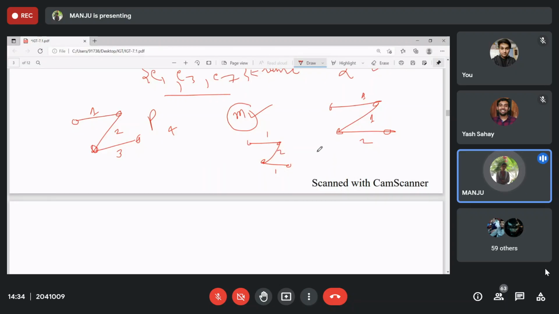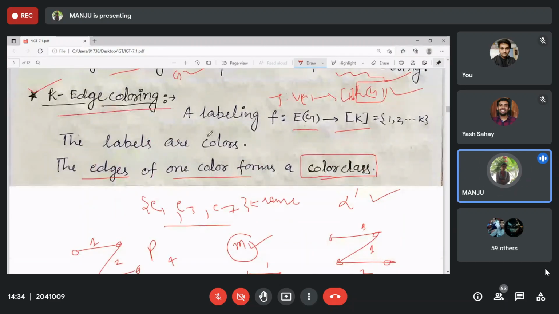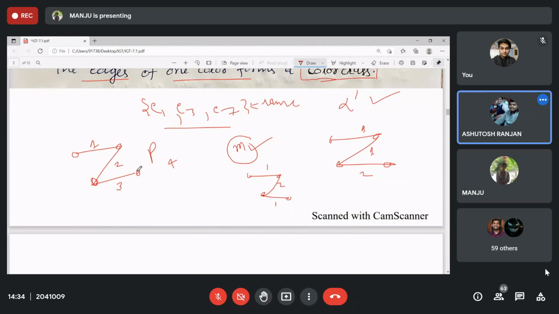So which one is proper? These all are matchings, these all are the edge colorings we have defined. Come, first one. Once more, I'm using three colors over here to color this P4, two colors over here, and two colors over here.